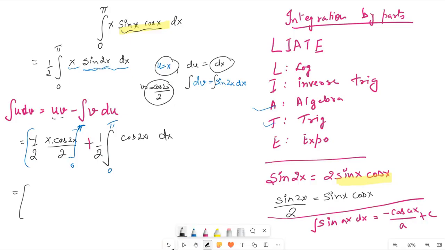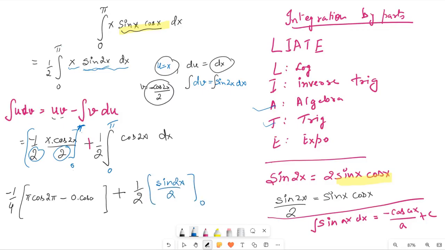This first part we can actually put in the limits. This 2 and 2 is negative 1 by 4. I can just write it out to make my life easier. Negative 1 by 4. When I put pi in this, pi cosine 2 pi, minus when I put 0, 0 times cosine 0. Plus half. What is the integral of cosine 2x? That is sine 2x by 2. But now we have to put limits from 0 to pi.